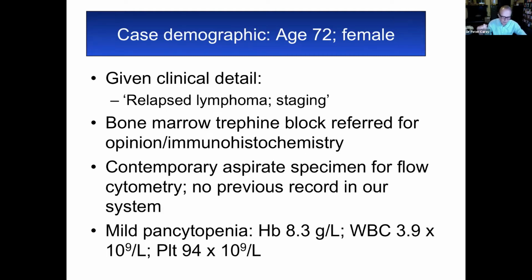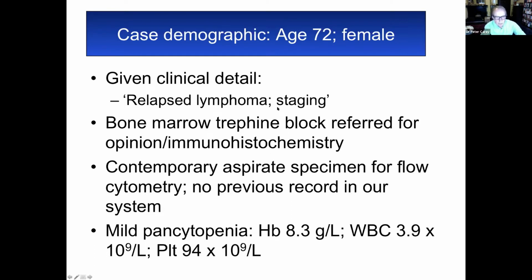Often tumor in the marrow is trapped by fibrosis and doesn't necessarily come out with a liquid specimen. And indeed, we had an aspirate specimen for flow cytometry a couple of days previously, and I'll come back to that in a moment. The other information I did have was that the lady had a mild pancytopenia. You can see the figures there.